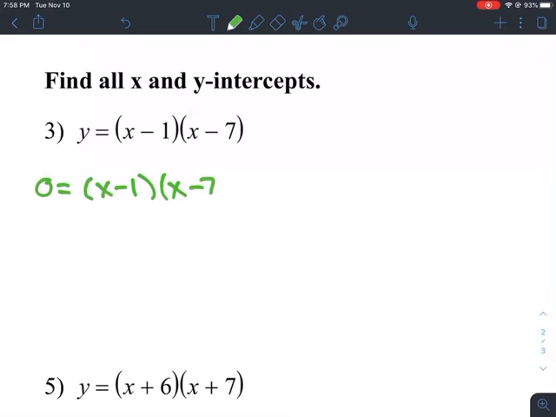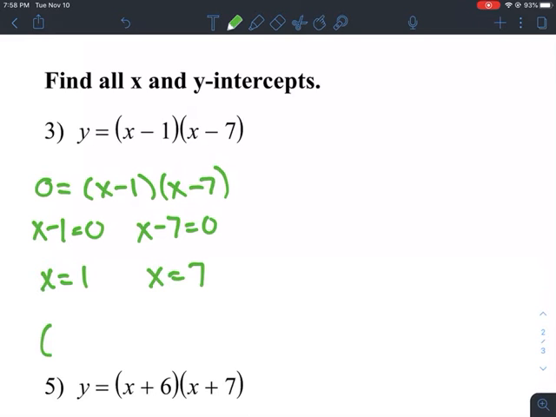And due to what is called the zero product property, that means that each factor is 0. And if it's one step, that's very simple to solve. You're essentially just flipping the sign. Okay, so my x-intercepts are the points 1, 0, and 7, 0.